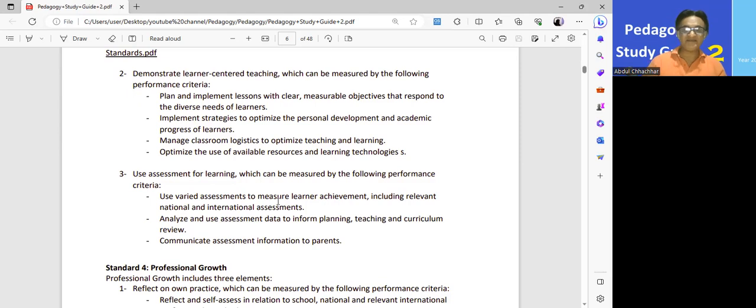However, the international assessments are like PISA, TIMSS, CAT4. So you should know about these things and make sure the data of these international assessments has been embedded into the curriculum. Based on that, your curriculum has been prepared.